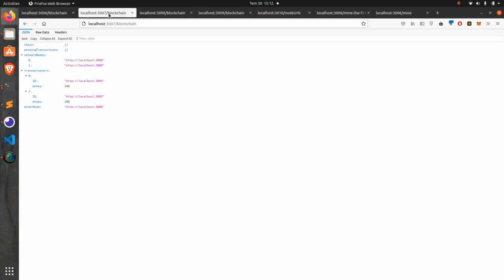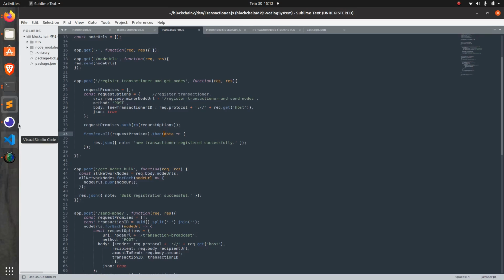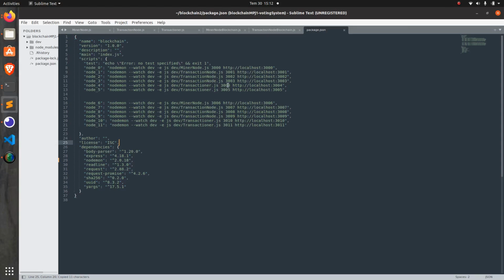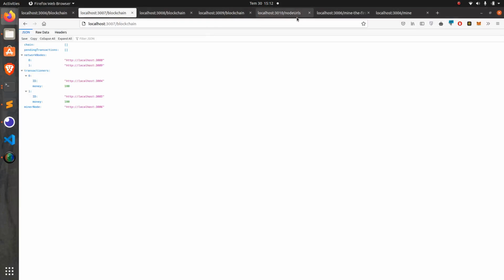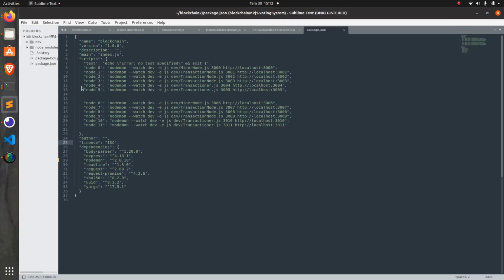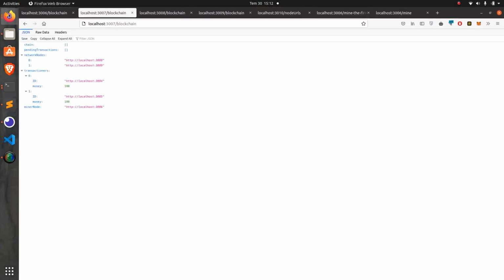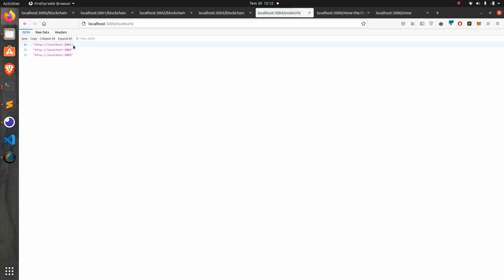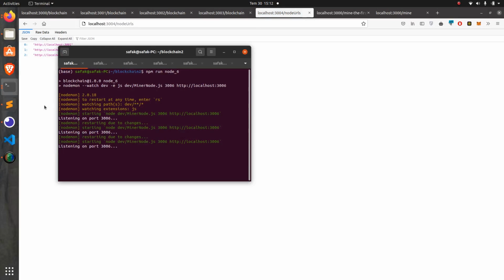Now, what's the point of a transaction node? When a transactioner wants to send money, for example, at this subnetwork. Yes, this subnetwork here. It has node URLs 1, 2, 3.